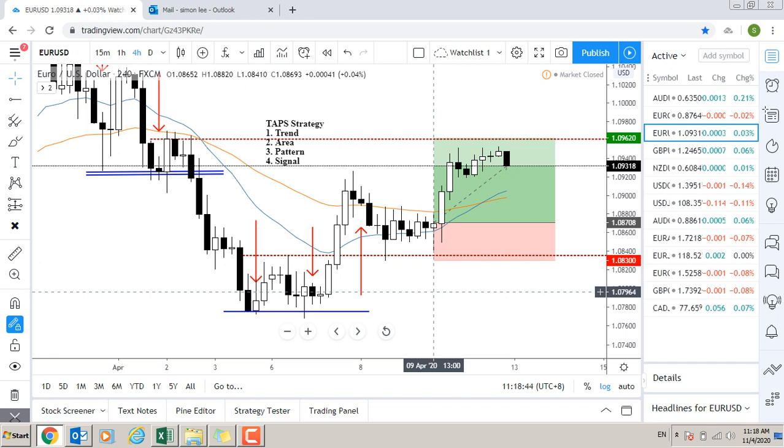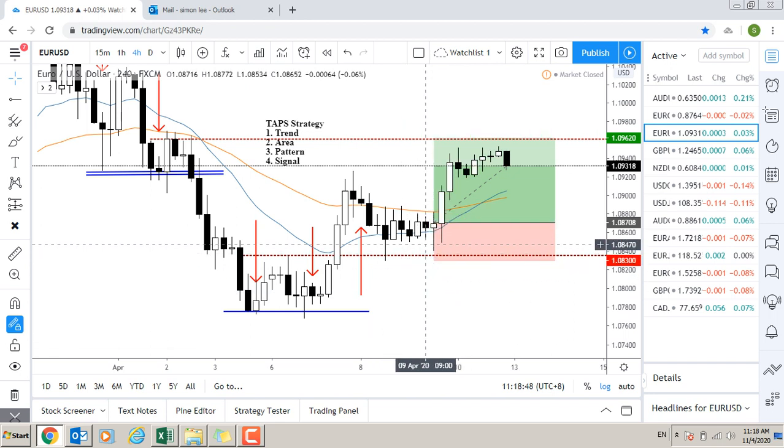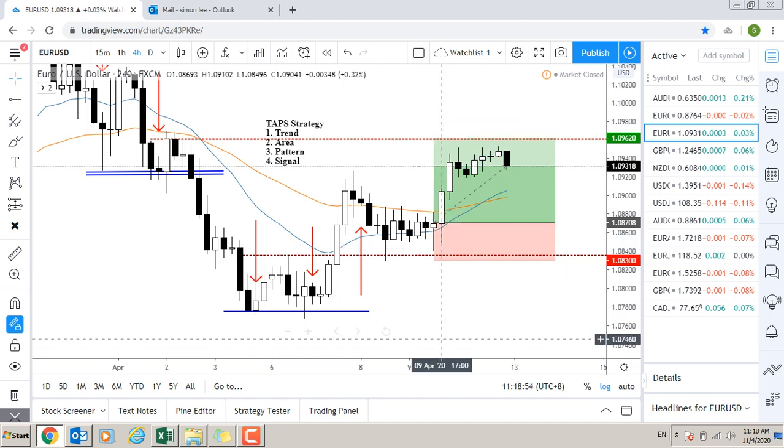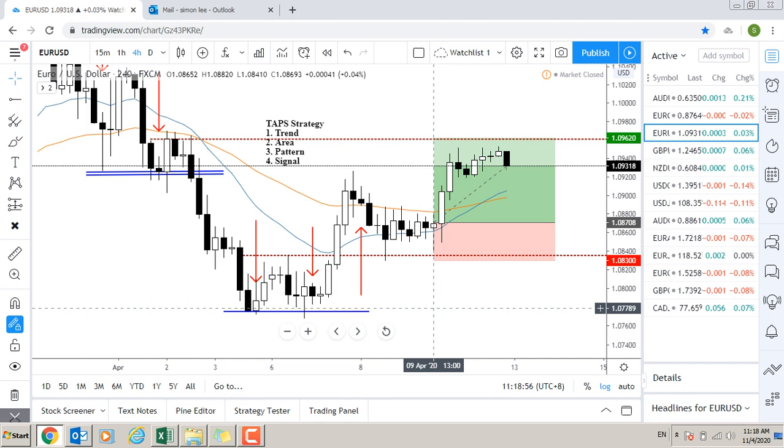My style is I always leave 10 pips below the signals. If you look at these candles, the lowest point is 1.08410. So I round down to 10 pips lower, at 1.0830. This is the level that I'm looking at.